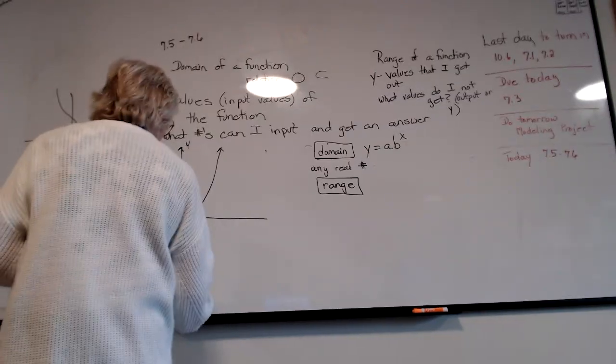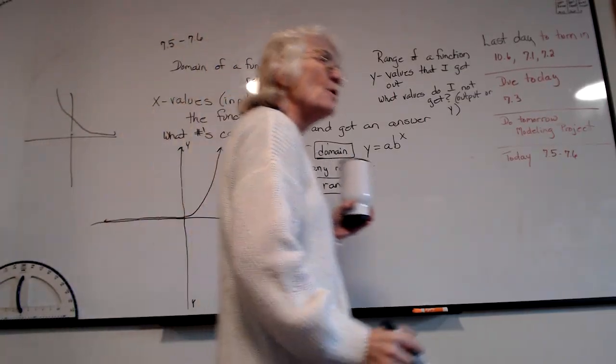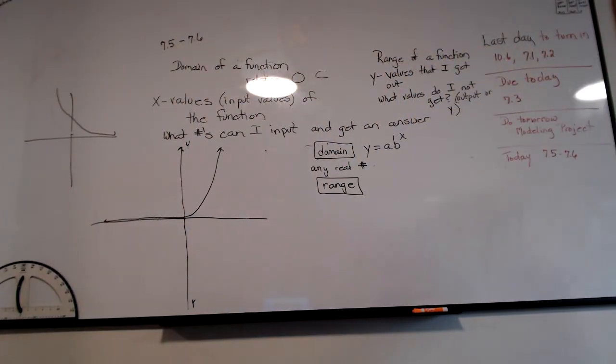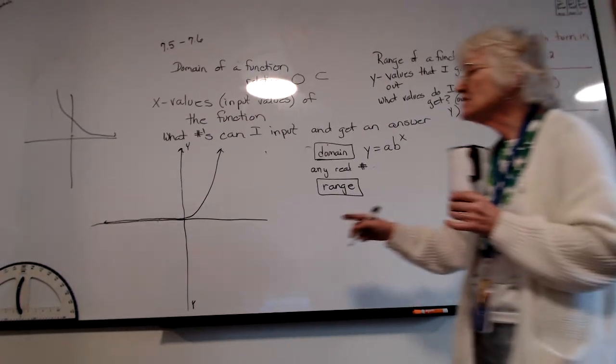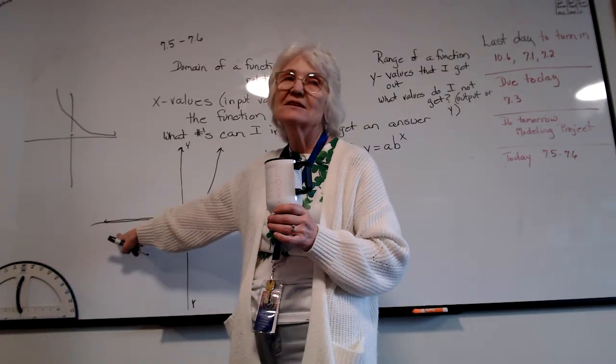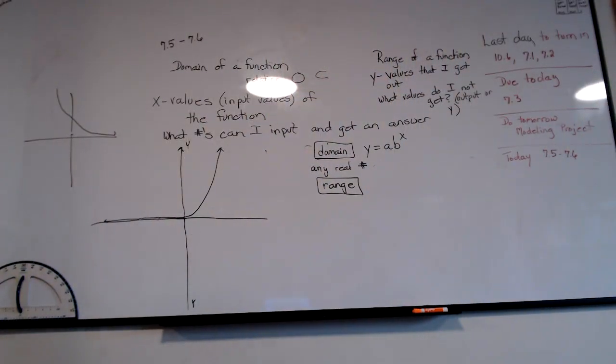This is also y. Notice it never goes negative. It goes down here. What do I never get? I never get negative numbers. And I technically never get 0. So here, my range is technically not 0, but anything a little bit greater than 0.